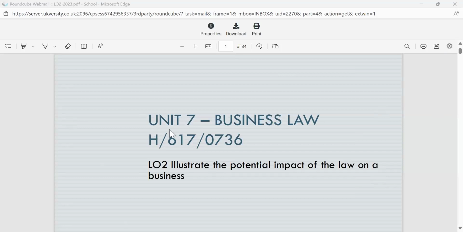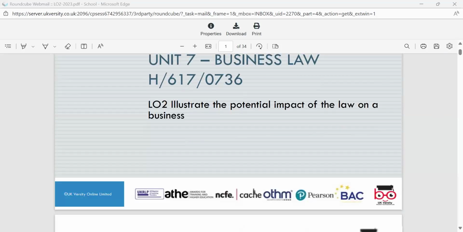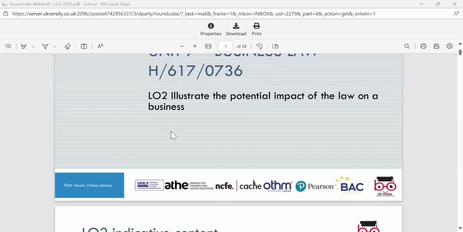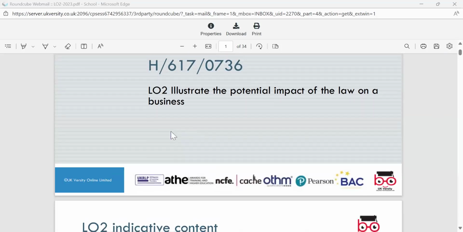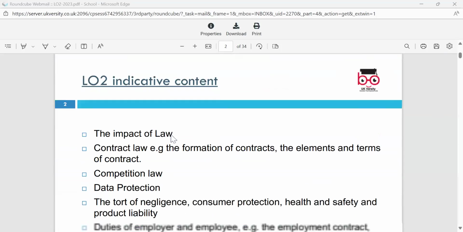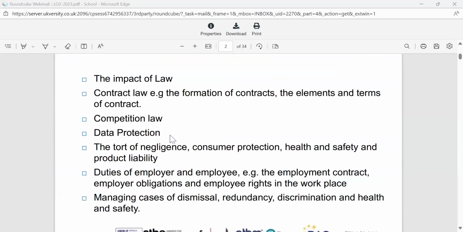So now we're going to go on to business law learning outcome two, which is to illustrate the potential impact of the law on a business. So we look at the impact of law, we look at contract law, why that's important for a business, we look at the formation of contracts, elements and terms of a contract.